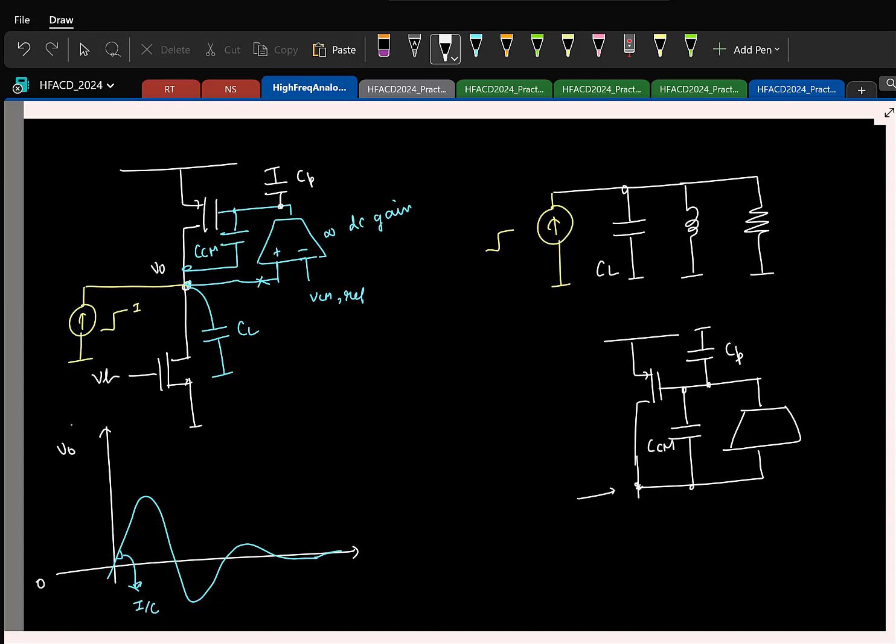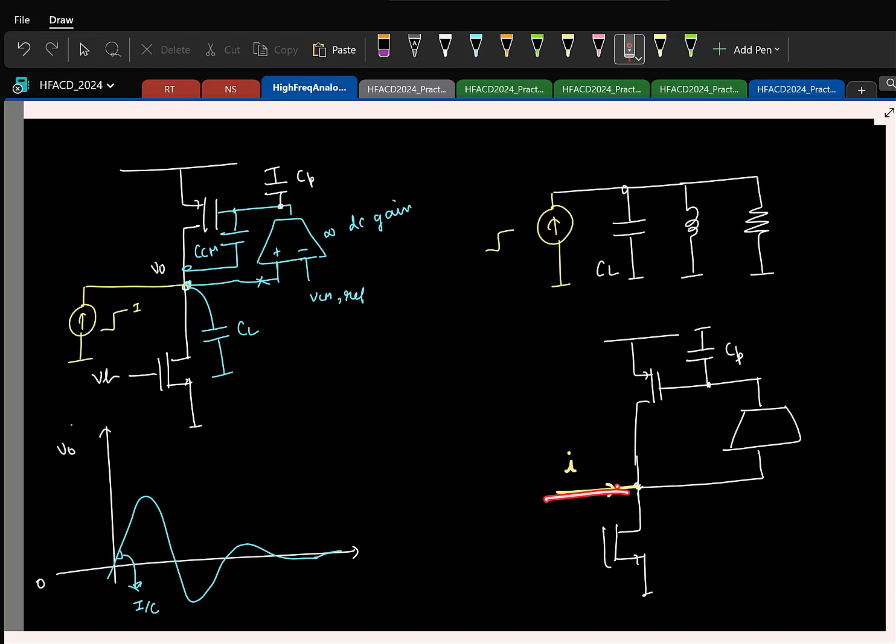If you find the output resistance here, let us say the output voltage changes here. Initially, if CCM was not there, I'll redraw the same thing and explain clearly. So we are injecting a test current here. Before applying this current, the negative feedback loop was stable, so the two currents here were equal.